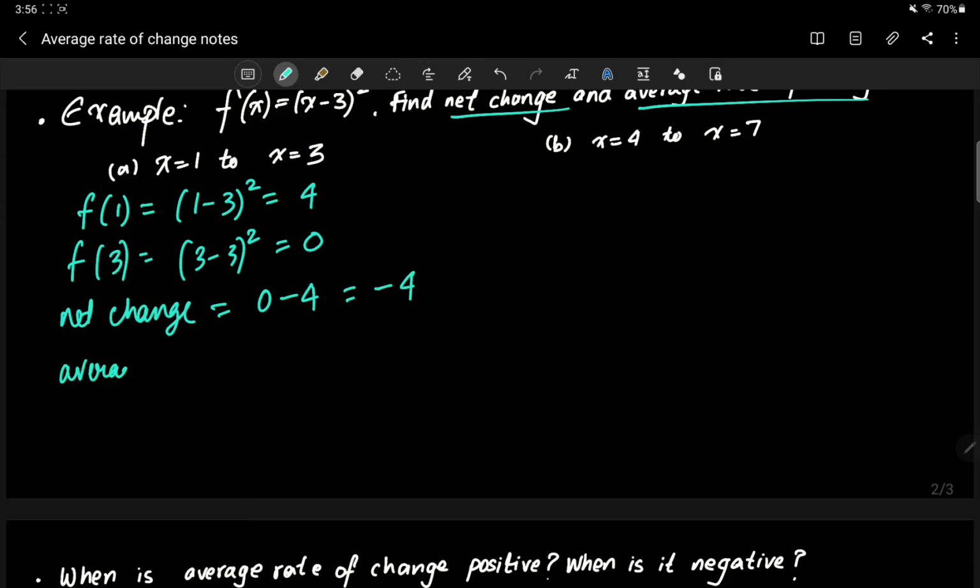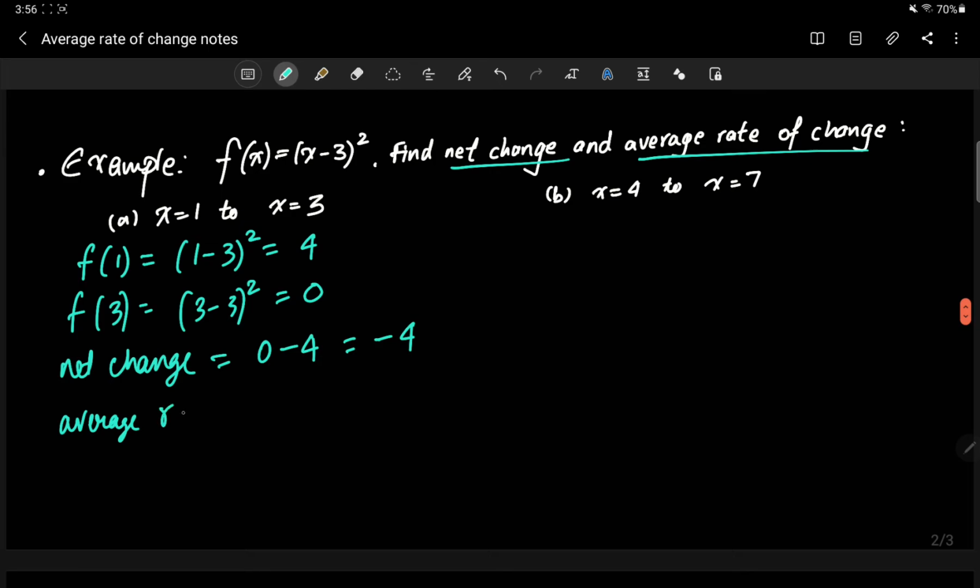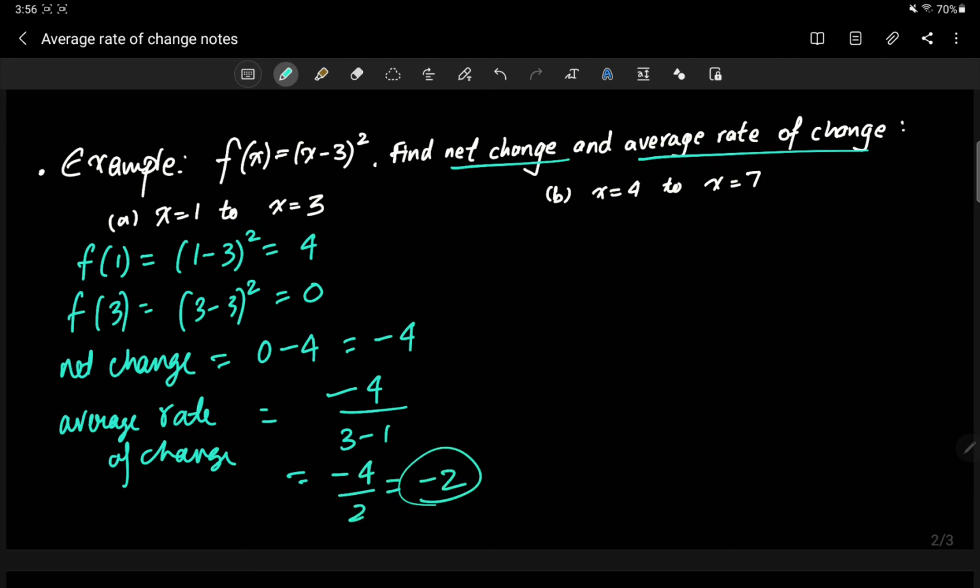And the average rate of change is this change which happened over a change of input of 2. So it's negative 4 over 2, which means it's negative 2.